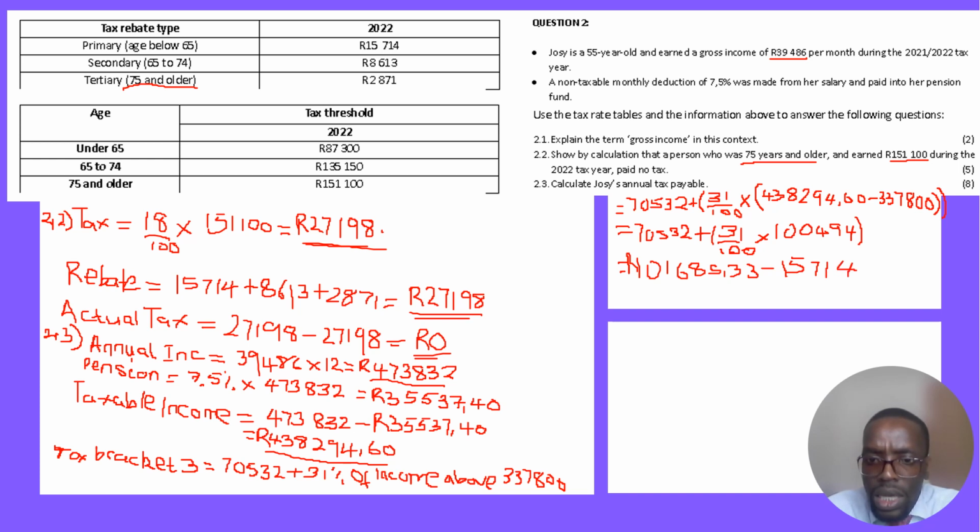If you do that, the answer that you are going to get is R86,971.33. So this is the final answer that we had.